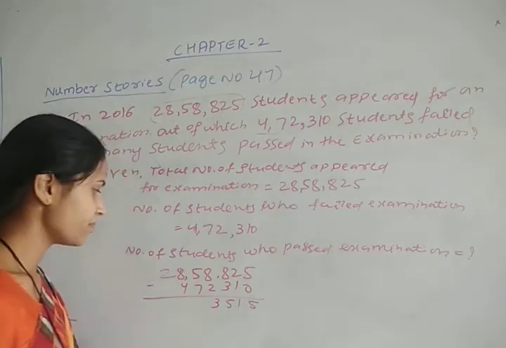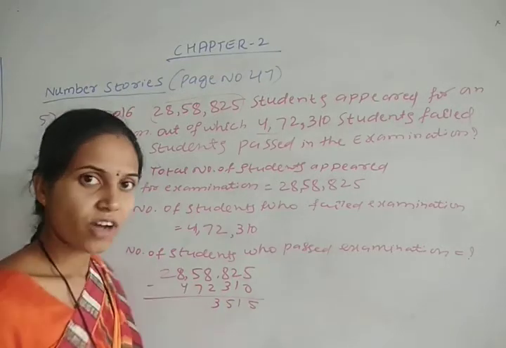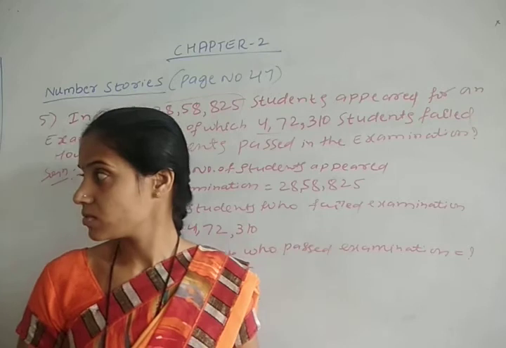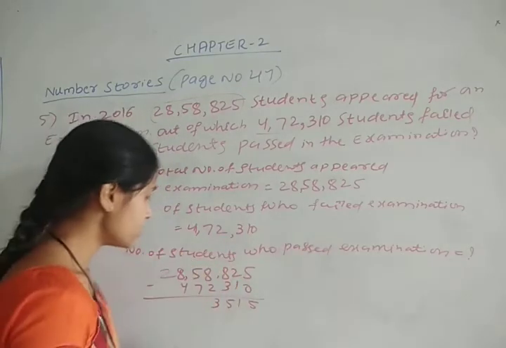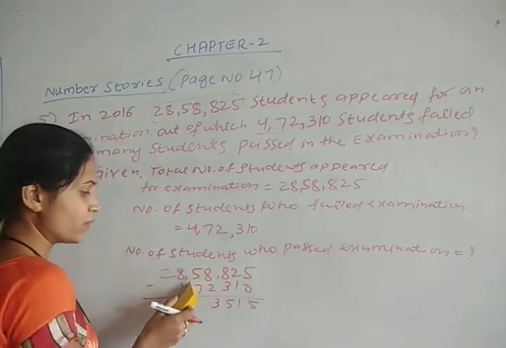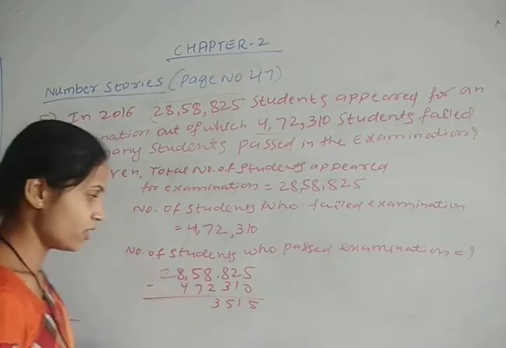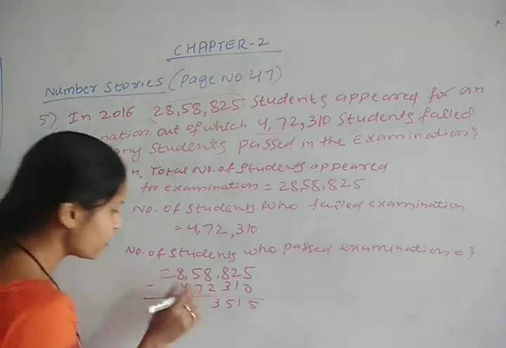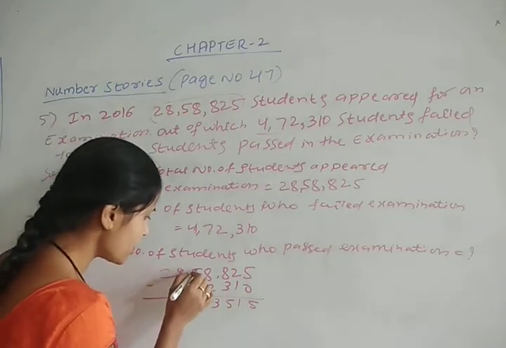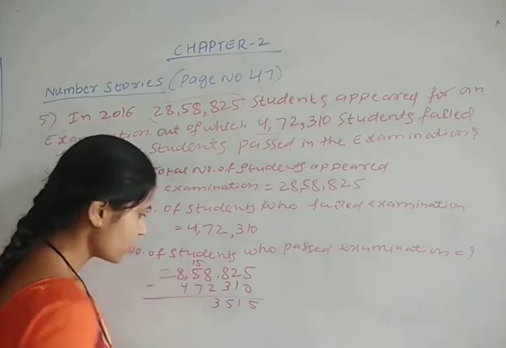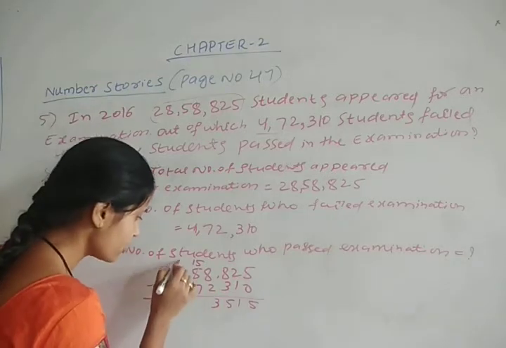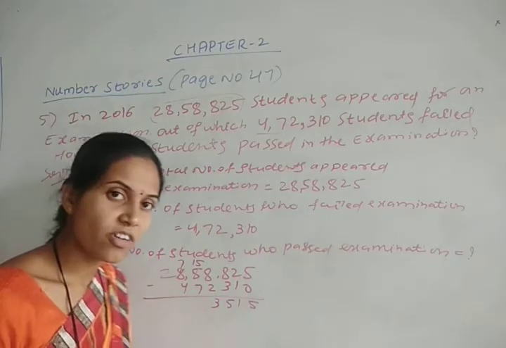5 minus 7. We cannot subtract 5 from 7 because 5 is smaller than 7. For that I will take one borrow from this 8, then this 5 becomes 15. Here we are left with 7. 5 minus 7 is how much?